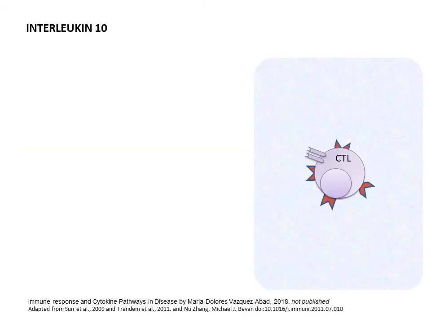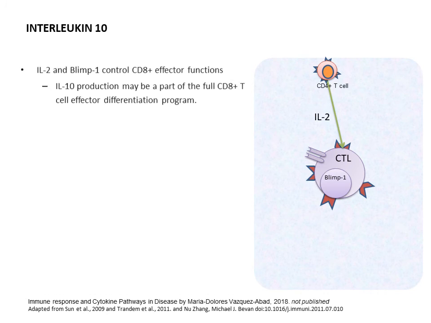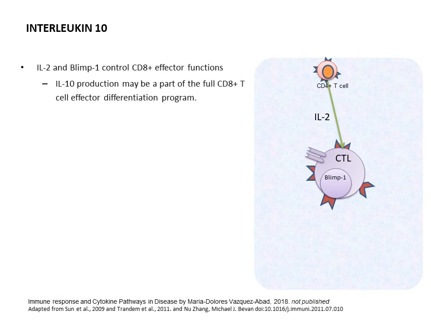But basically what we do know is that the cytotoxic lymphocyte will need to have the CD4 T cell IL-2 mediated stimulation. If you remember at the beginning of this talk, IL-2 was one of the cytokines that produced the short-lived effector cells. But in this case, it is now in the periphery producing a stimulation to start synthesizing interleukin-10.